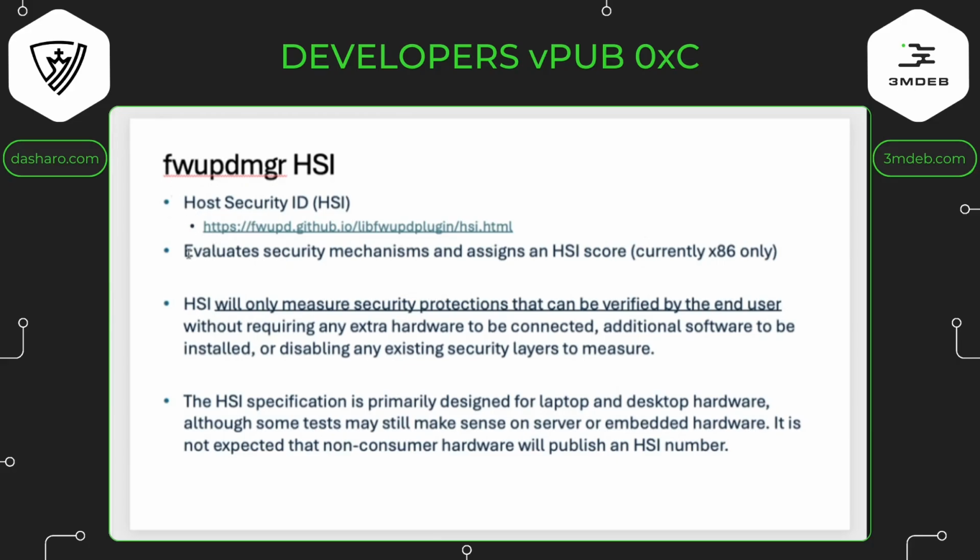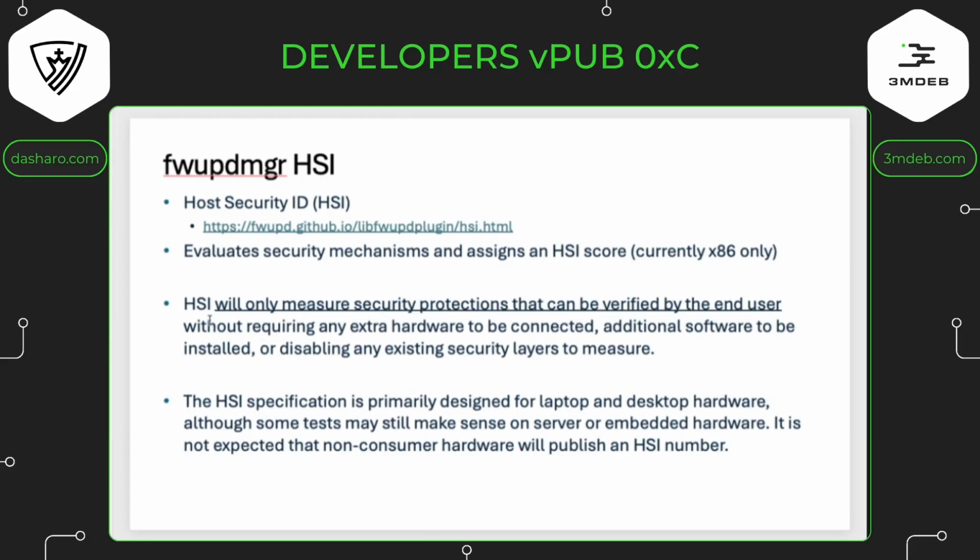I have a link here to the HSI info. With the LVFS firmware update tool, you can run it with a security option that will evaluate security mechanisms on your platform, and it will assign an HSI score. It will run on some ARM platforms, but it doesn't do much yet, so it's effectively an x86-only tool right now.